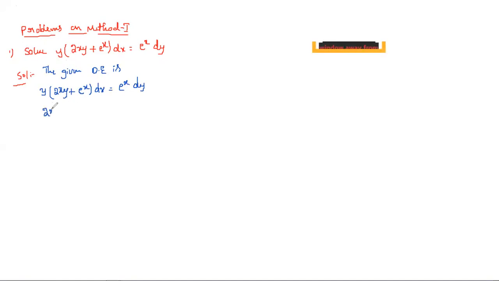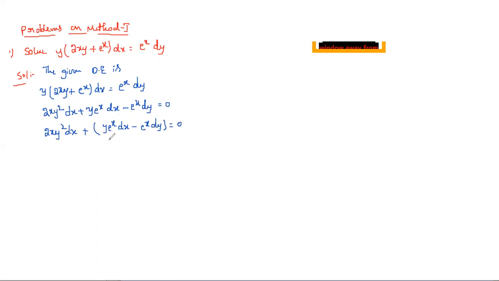Then what we'll get? 2xy into y is nothing but 2xy square dx plus y into e power x dx, and take this term to this side, minus e power x dy is equal to 0. So 2xy square dx, this is not directly in the form of a formula, so I keep y e power x dx minus e power x dy in one bracket.